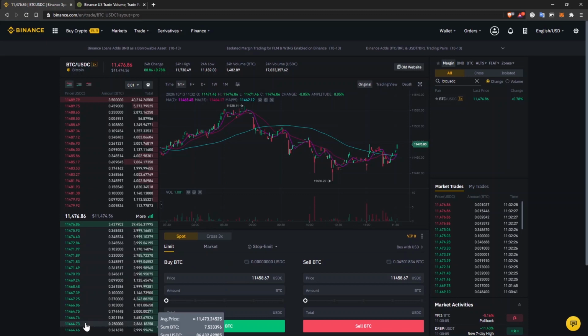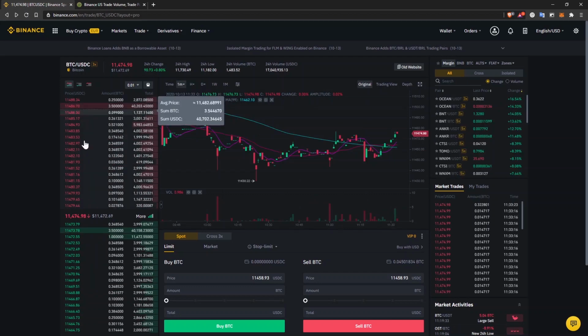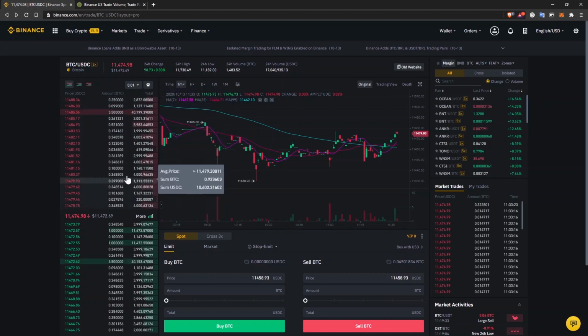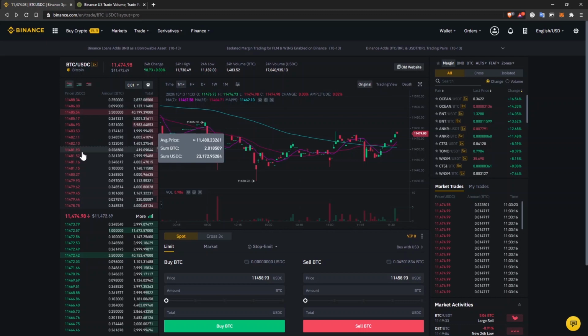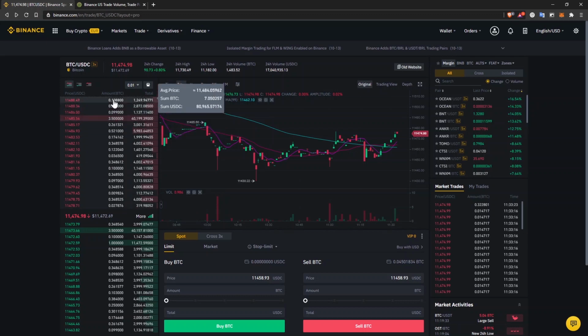Here on the left sidebar, you can see the orders that are active for this trading pair. What does that mean? What's in red is the people that are selling Bitcoin. So all these orders right here are placed by other people that are selling Bitcoin. And these are the prices they are selling at, and this is the amount they are selling.